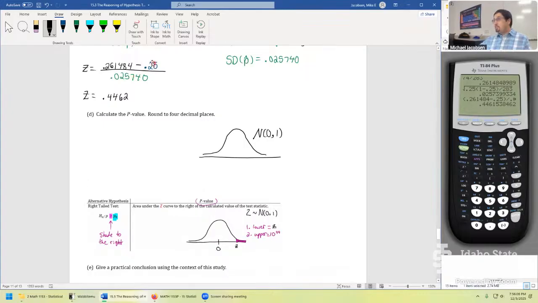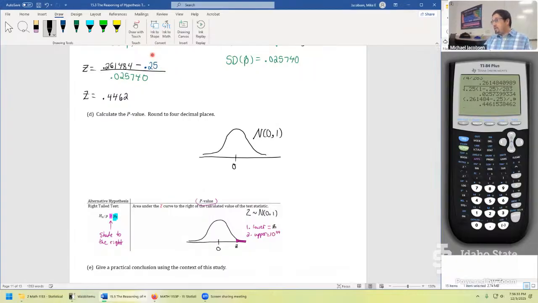The mean wasn't really zero, but when you subtracted the hypothesized mean, you shifted the mean to zero. The standard deviation wasn't one, we know it's 0.25740, but when you divide by a standard deviation, you've rescaled it back to one. So that's why it's N(0,1) every single time you do a test statistic.